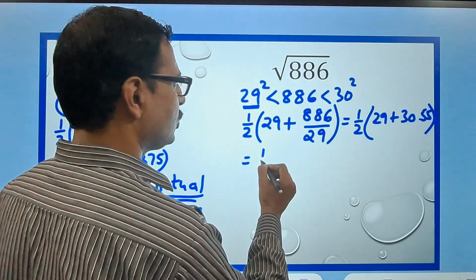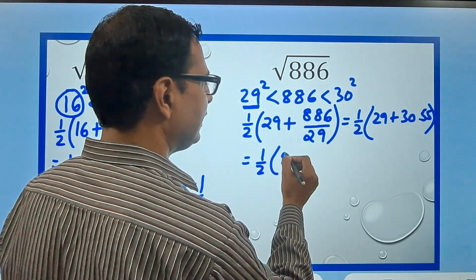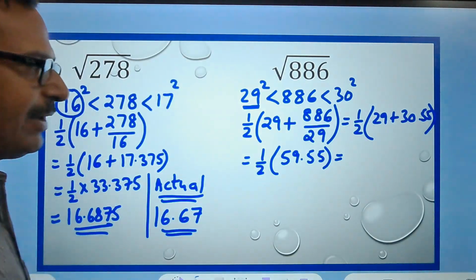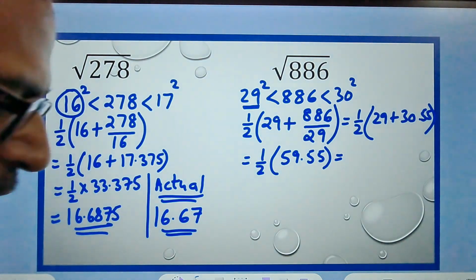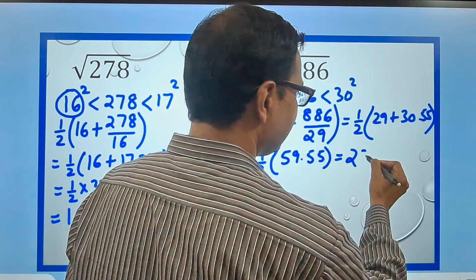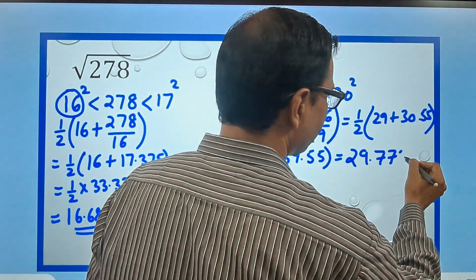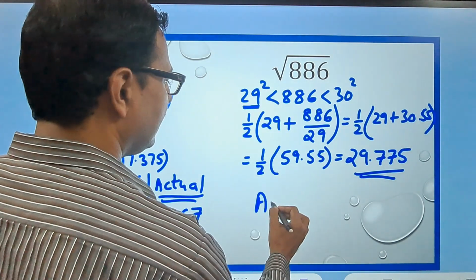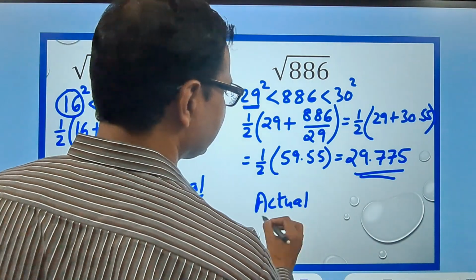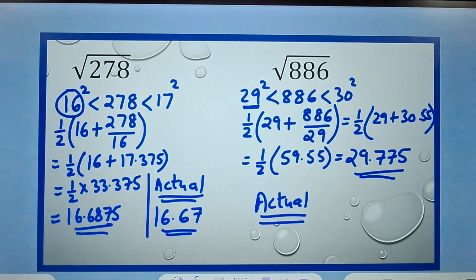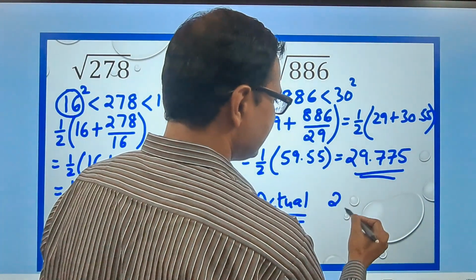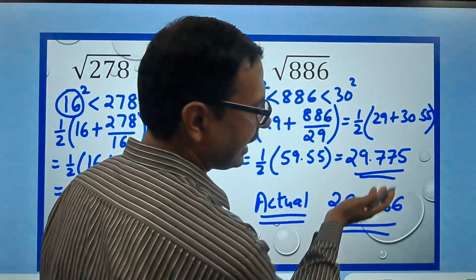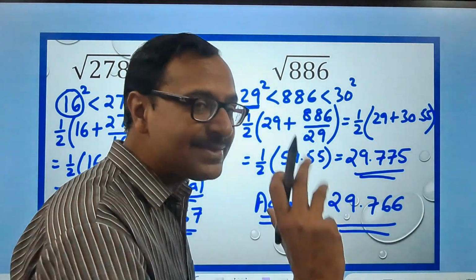So this comes out to be half of 59.55, and if you divide 59.55 by 2, the answer comes out to be 29.775. Now this is the approximate value of the square root of 886, and if you pick up the calculators again and check the actual value, this is 29.766. So all the answers which I am getting have a variation of just 0.01.